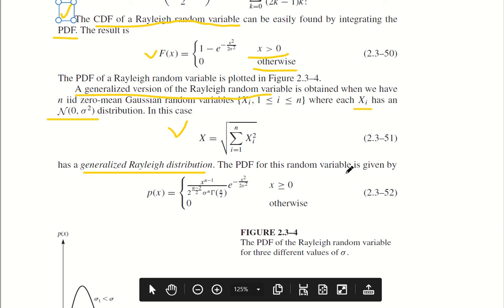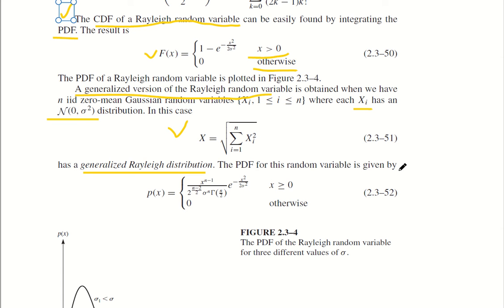So that is a generalized Rayleigh. And the PDF for this generalized Rayleigh is like this. P of x equal to x to the n minus 1 divided by 2 to the (n minus 2) over 2 times sigma to the n times gamma. Again, we have this gamma function and exponent minus x squared over 2 sigma squared for x larger than 0.